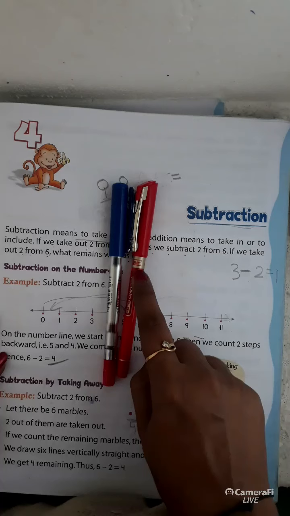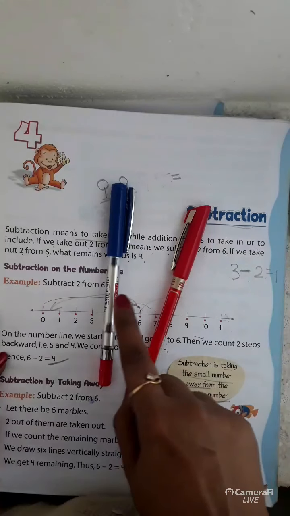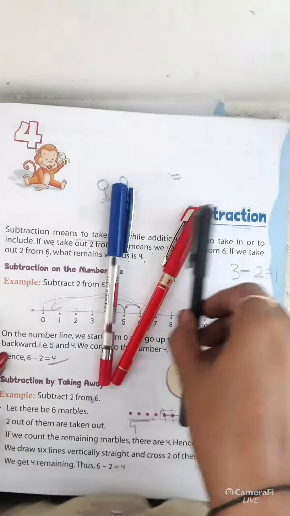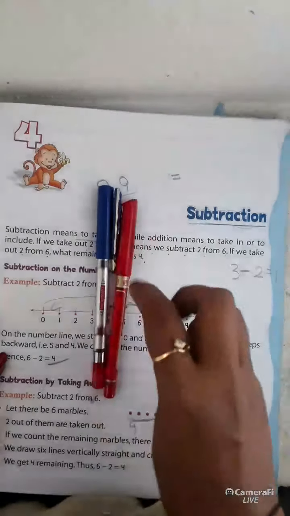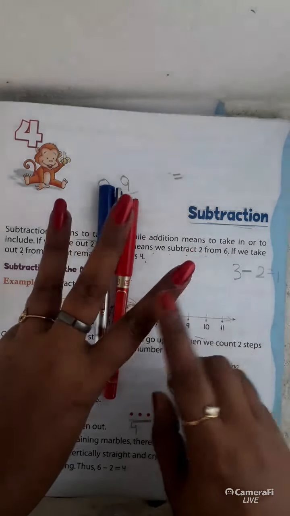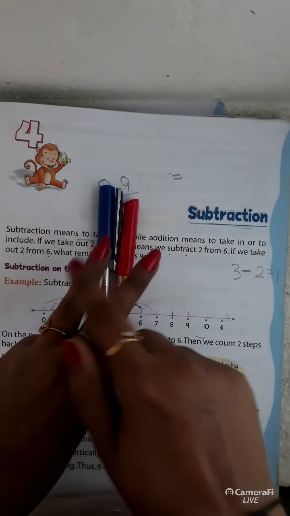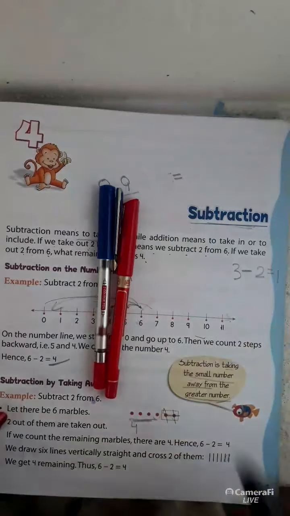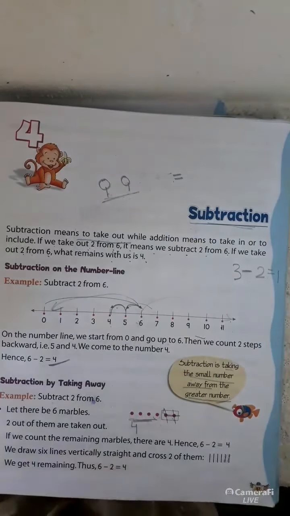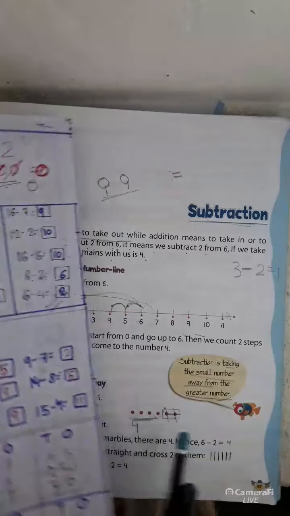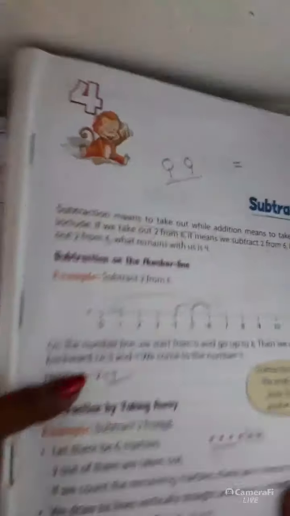So how many pens am I left with? 1, 2. So I have taken one pen from 3. So 3 minus 1 is 2. When we subtract, we always move backward. In addition, we move forward, but subtraction is moving backward.